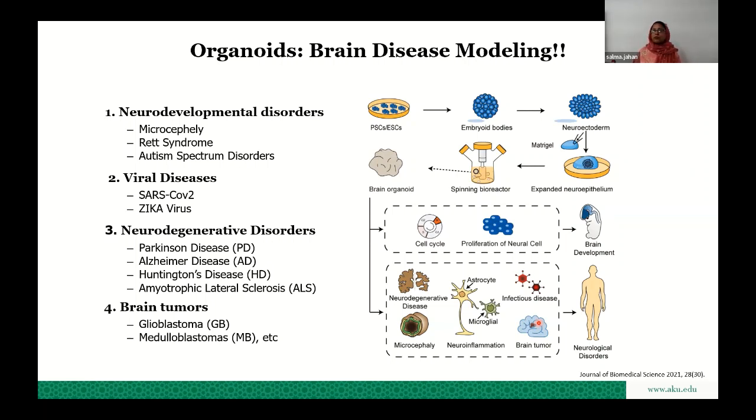And for SARS-CoV-2, since 2020, lots of people have used the organoid model system to understand the effect of the coronavirus on the human brain. Multiple groups are also studying neurodegenerative disorders. And last are brain tumors, which I'm also very interested in studying in the future using the organoid model system.